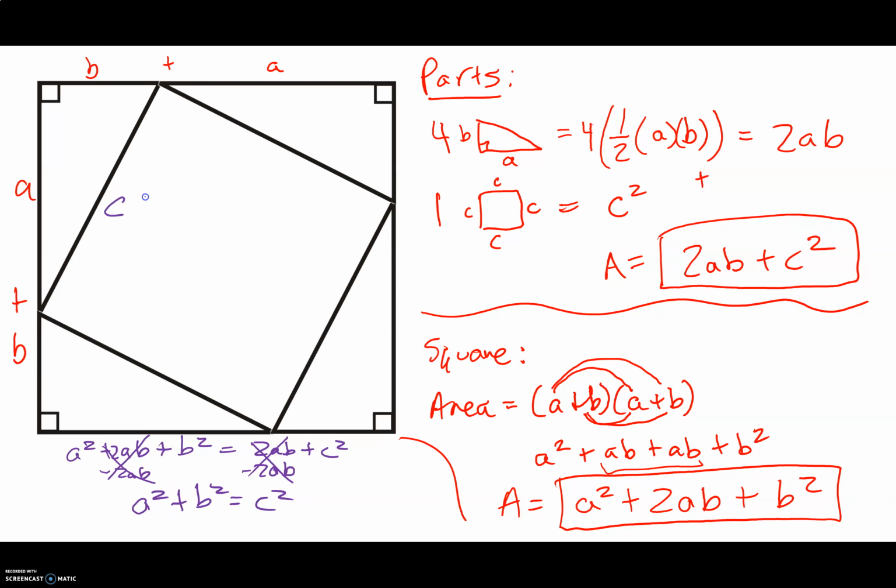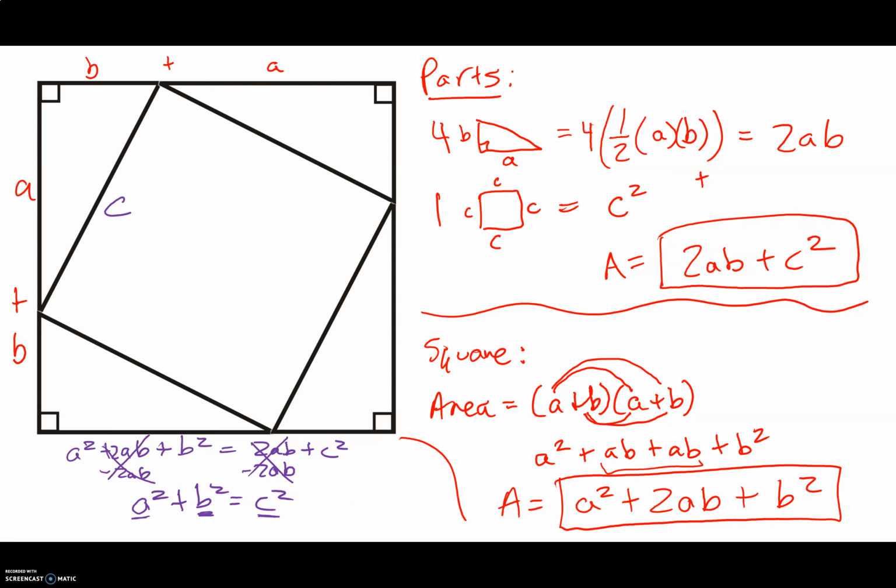And just a reminder, C is the hypotenuse, and A and B are the legs. So this proves that the Pythagorean theorem will always be true. The leg squared plus the other leg squared will always equal the hypotenuse squared. All right, so now we can add that as a theorem that we have proven in this class.